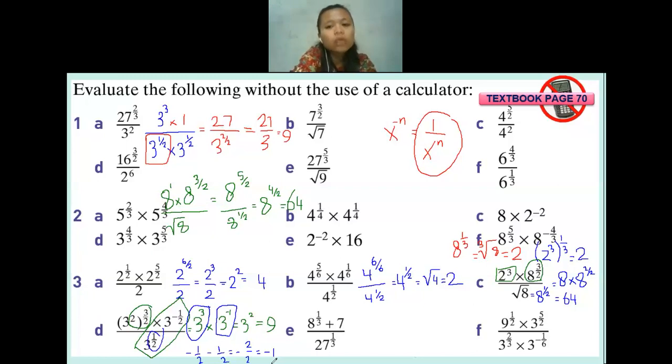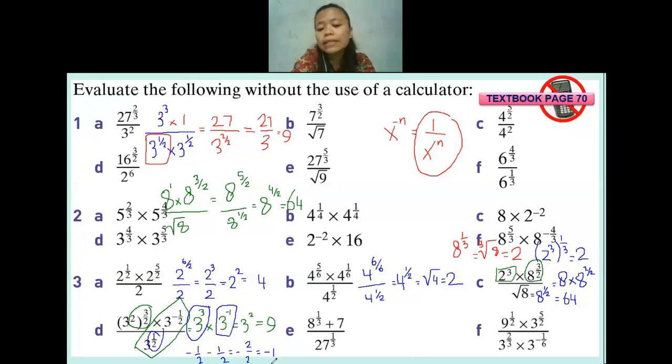But when the index is a whole number, you can find the actual number first, so it will be easier. If you have to find 3 to the power of a half, it means square root of 3. You are not going to use a calculator, so you do not find how much the square root of 3 is. That's why for all of the fractional indices, we will always simplify first, because we cannot use a calculator.